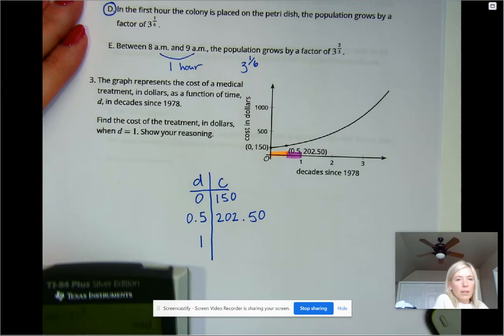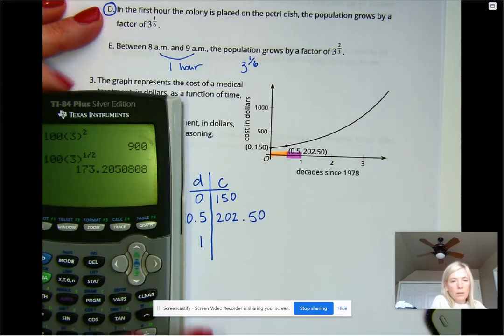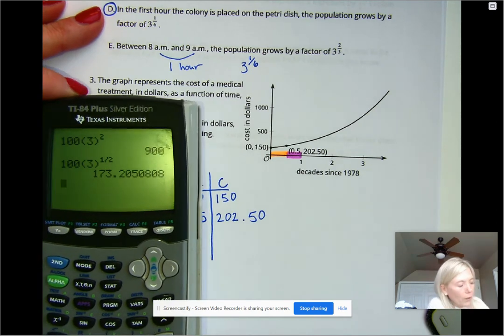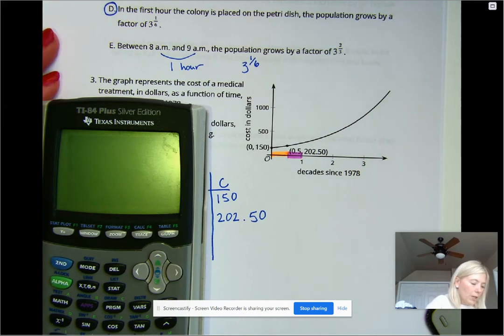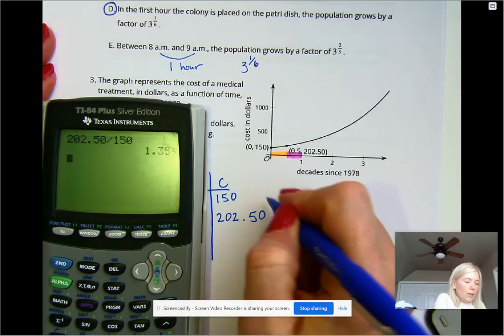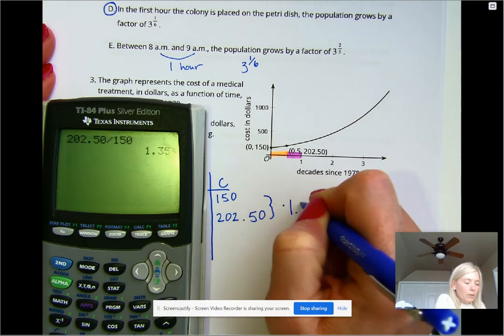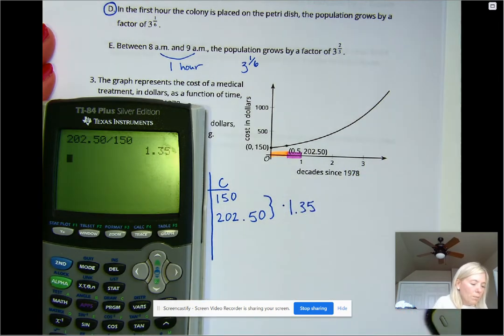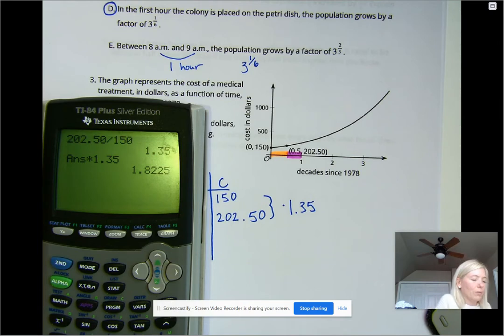All right, so I'm going to calculate the factor between 0 and 0.5. So 202.50 comes first, and then divide by the number before it, 150. So from here to here, we multiply by 1.35. So if I multiply that answer by 1.35, then I get, oops, I multiplied the wrong thing, sorry.